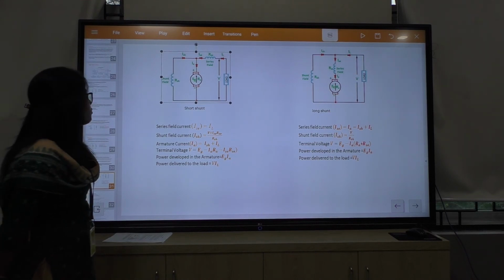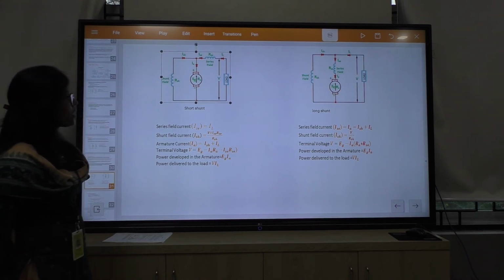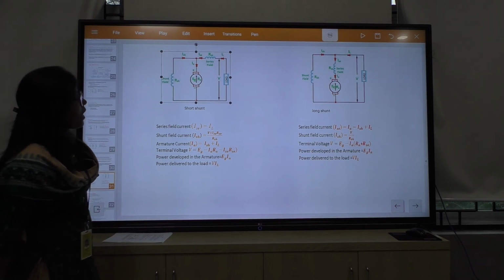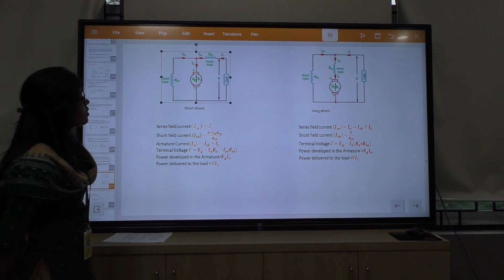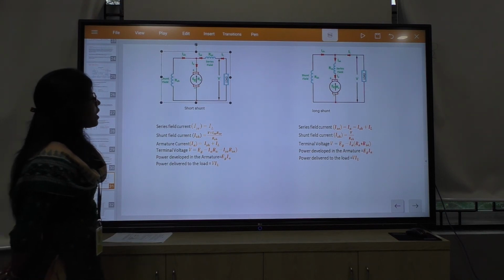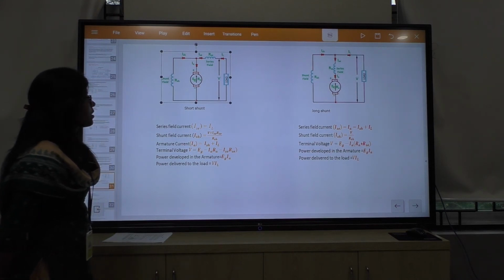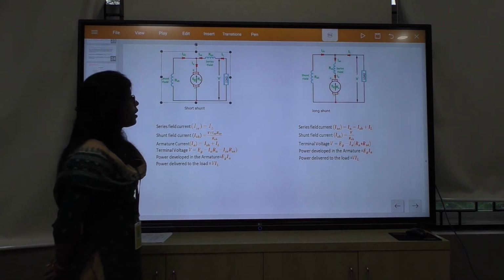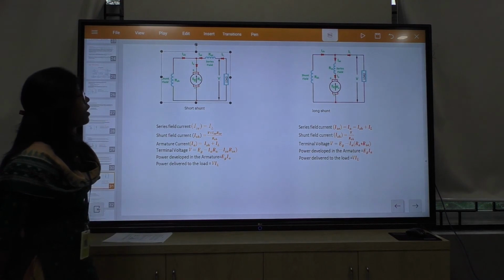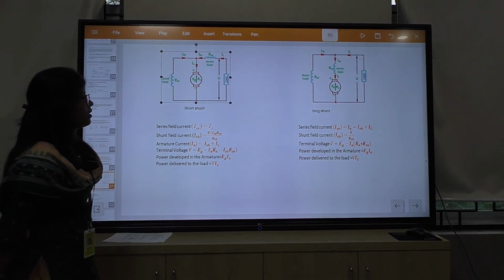Then the equations for the long shunt, starting with the series field current Isc. Isc is equal to our armature current Ia, because the armature and the series field winding are connected in series. So, Isc is equal to Ia, that is equal to Ish plus IL.